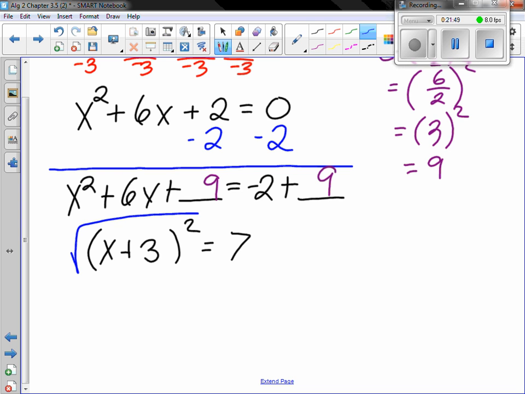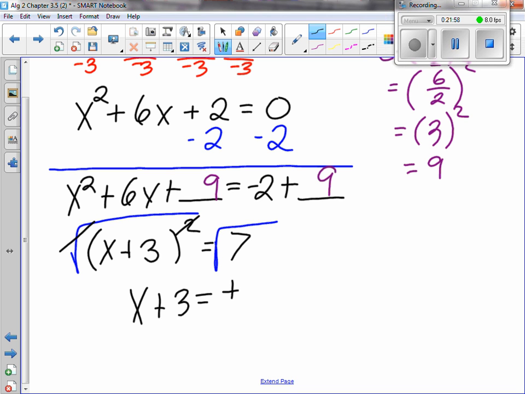Square root both sides. We get plus or minus the square root of 7.